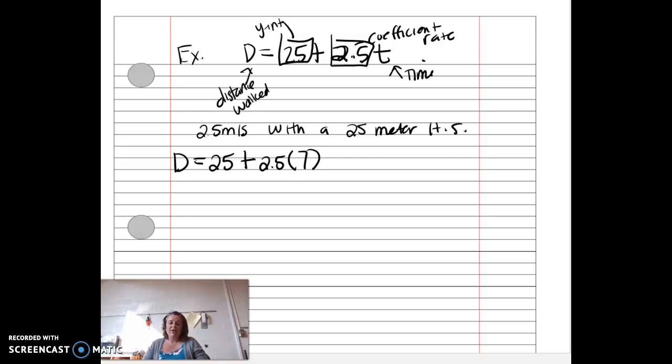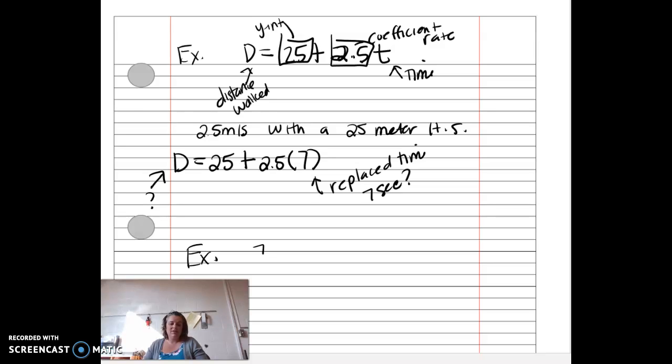We've replaced a variable. They're asking us a question. So because we replaced the time, they're asking us if he walks 7 seconds, how far did they get? The variable is unknown. Okay, how far did they go? What's the distance?